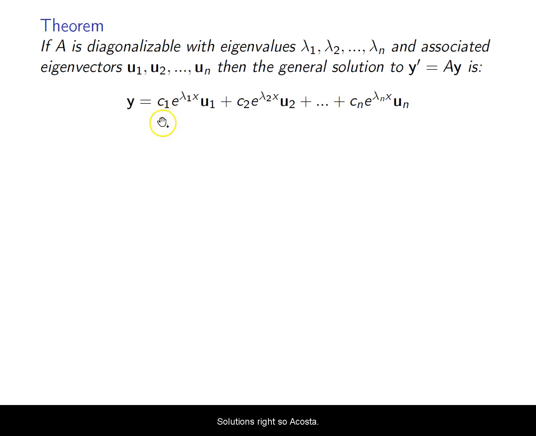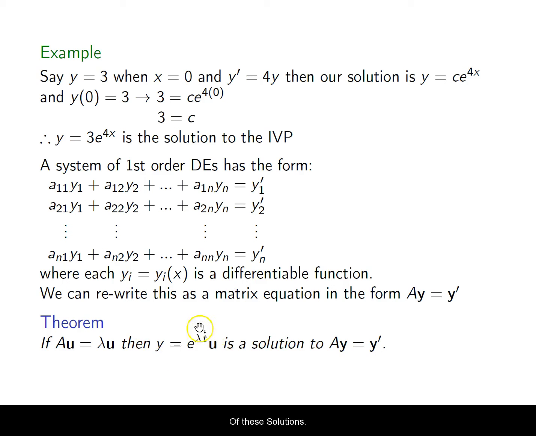So a constant multiple of this solution times its associated eigenvector, plus a constant multiple of this solution times its eigenvector, and so forth. So my solution to the system is a linear combination of these solutions.